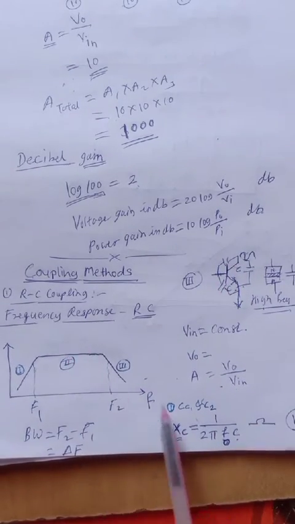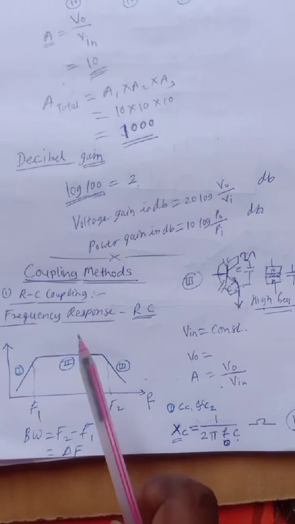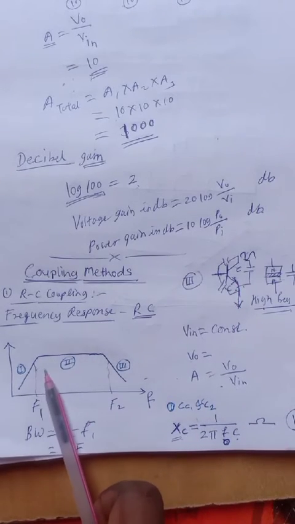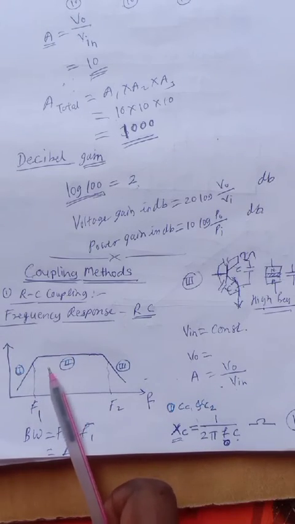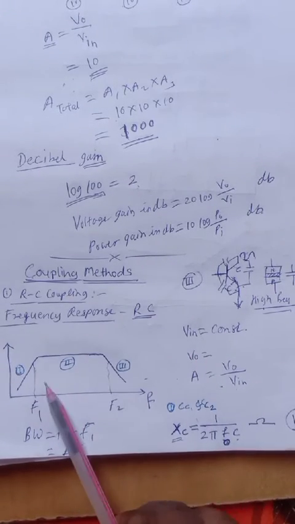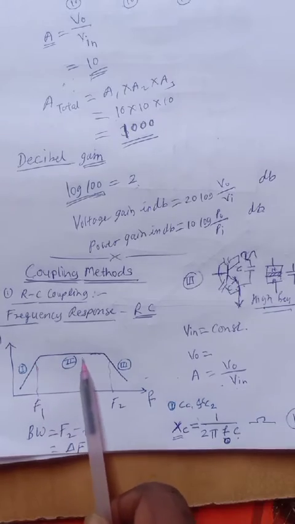So that's why these two factors cancel, and maximum input is applied to the input of the amplifier, and maximum output appears at the output of the amplifier. So you will get the constant gain.